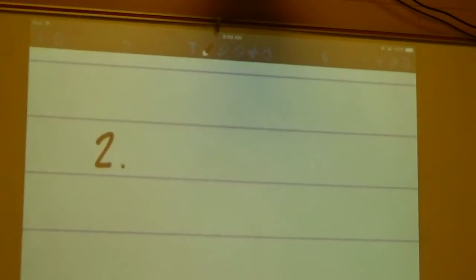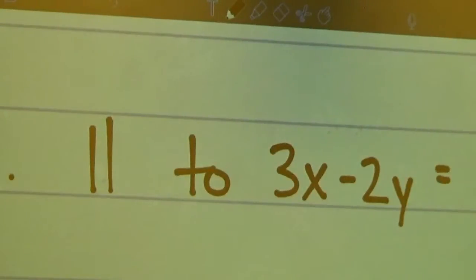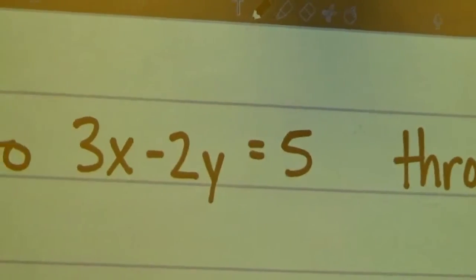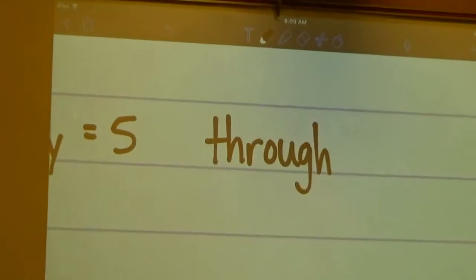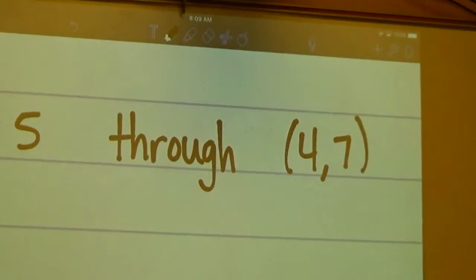So now, for number 2, we want an equation of a line that's parallel to 3x minus 2y equals 5 through the point (4, 7).